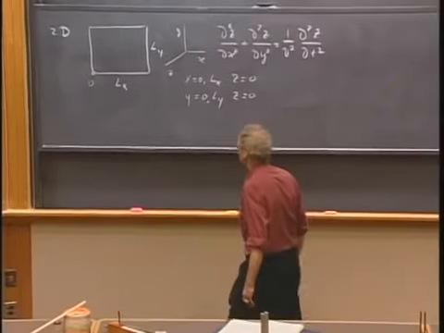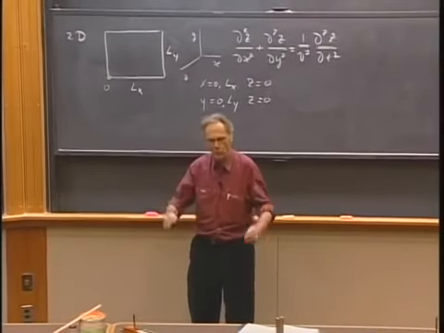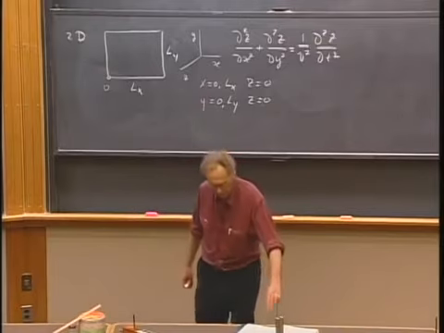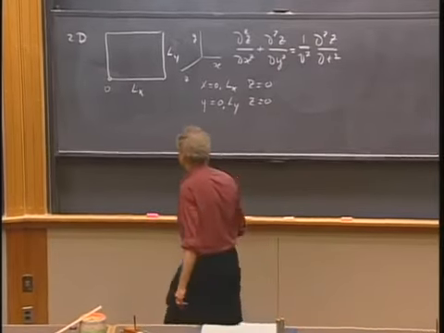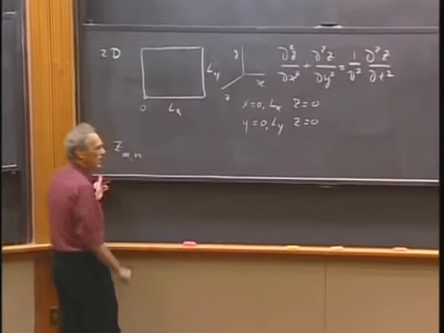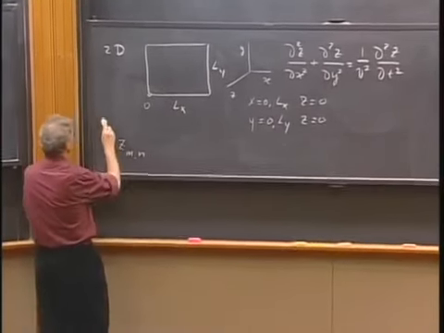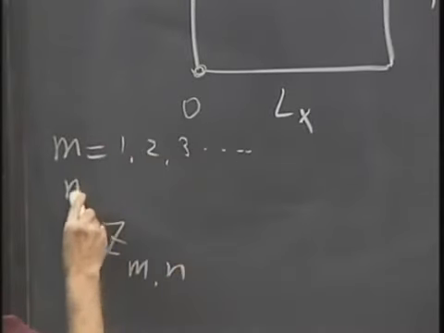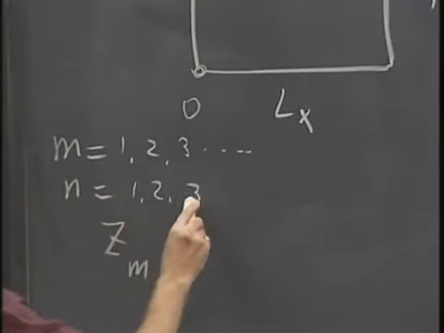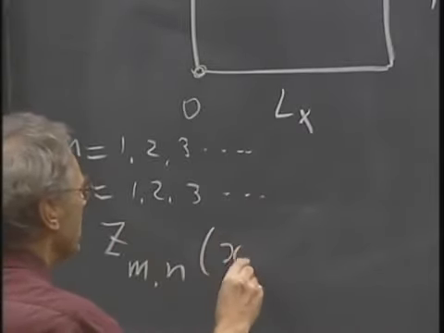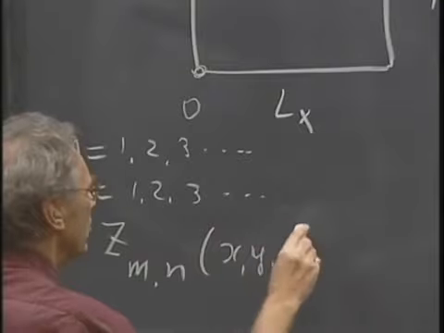Now you have to introduce two quantum numbers if I call n Nancy and m a quantum number. So now you can get z, and now I have two integers that can change. So m now goes 1, 2, 3, etc. Nancy is 1, 2, 3, etc. And this is now a function of x, y, and t, it's two-dimensional.